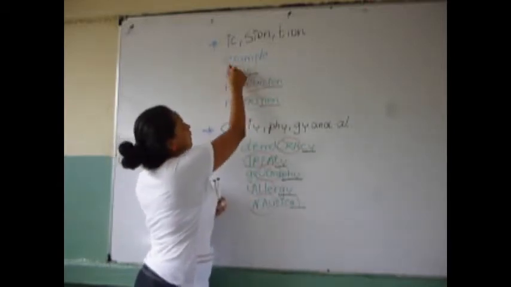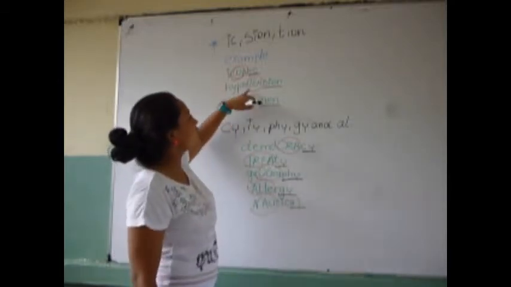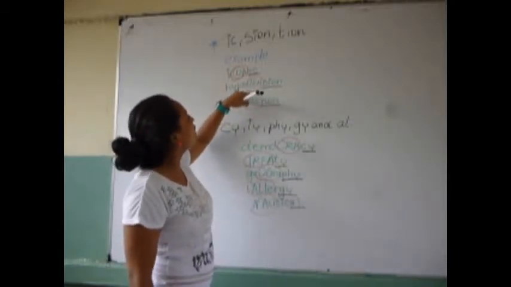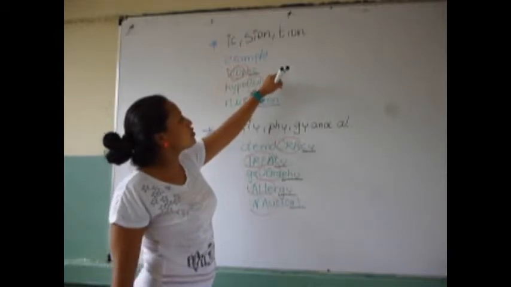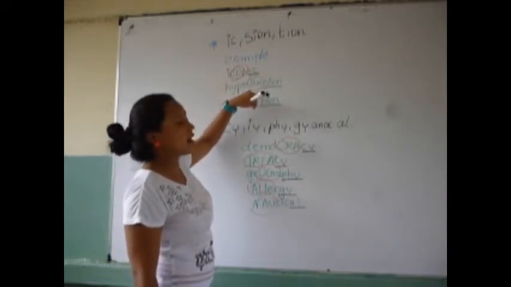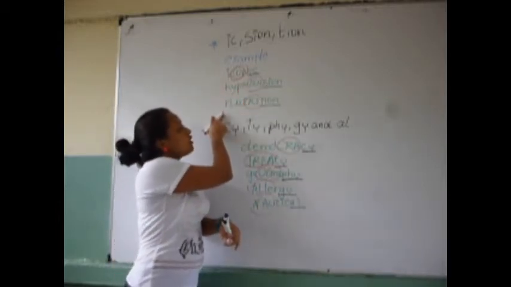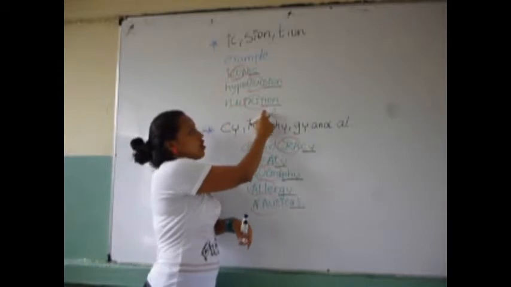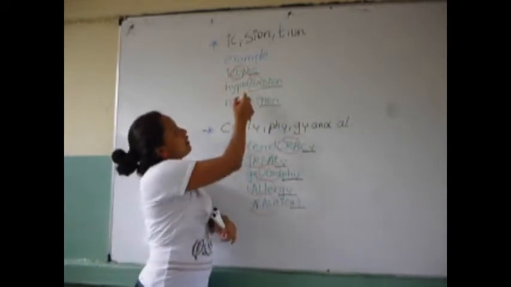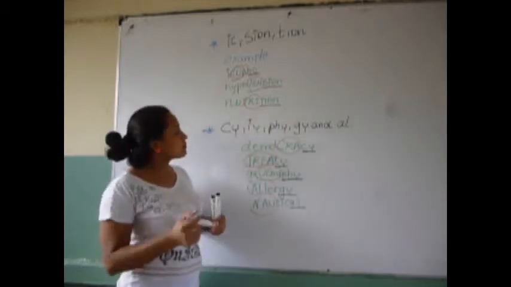Iconic. We have the word importation. The stress is on the syllable before the suffix "tion." That is the stress. Importation, tension. And the last one, we have the word nutrition. That is also before the suffix. That is SION and TION.